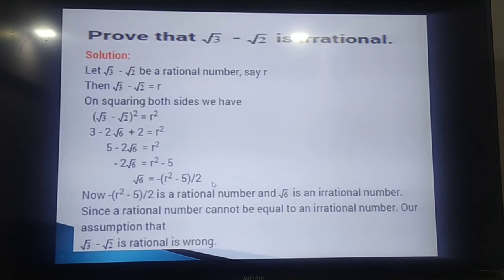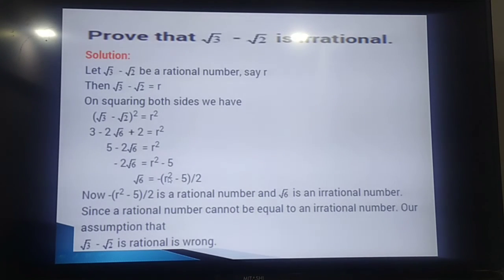This plus and minus sign makes no difference at all. But what happened here? In r square minus 5, r is rational and 5 is rational, so this numerator is rational and the denominator is rational, and this part, root 6, is irrational. So a rational part and an irrational part cannot be equal.